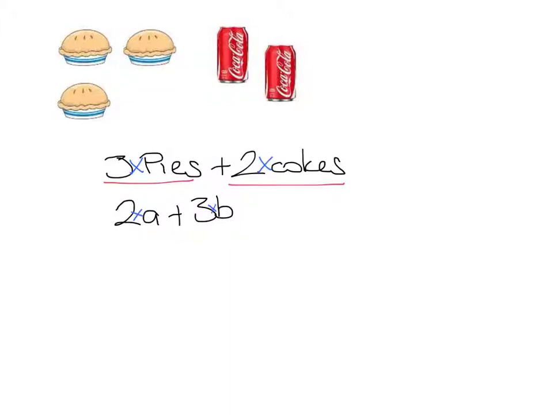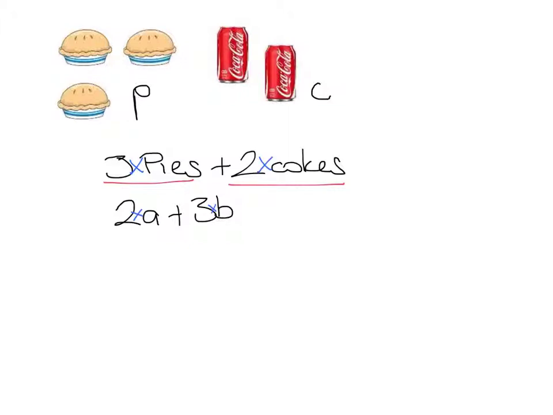Now, by this point, I'm getting quite sick of saying pies and Cokes. You guys are familiar with what they are, you do it every day. So I'm just going to abbreviate because I think it's simpler. Instead of saying pies, I'm going to say P. Instead of saying Cokes, I'm going to say C. You know what they mean. P means pies, C means Cokes.